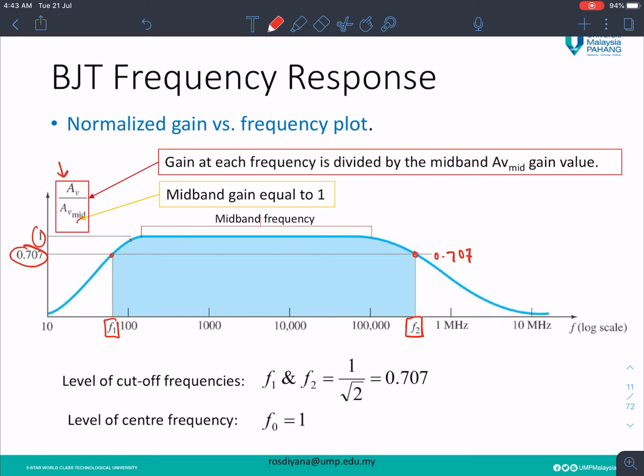So we see that the level at the cut-off frequency is 0.707, and the level at the center frequency is equal to 1. This is what we call the midband frequency, where AV equals 1.